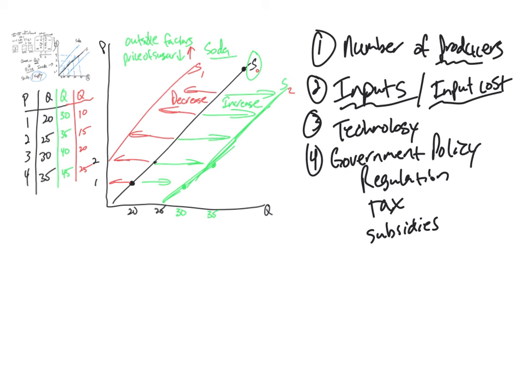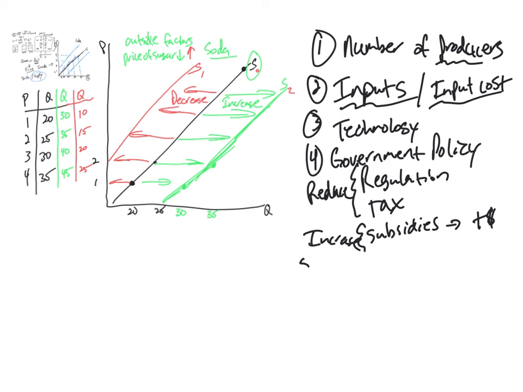This is going to either make it easier or more difficult to produce. Taxes and regulations are going to reduce supply. Subsidies are the government giving you money, and that's going to increase supply.